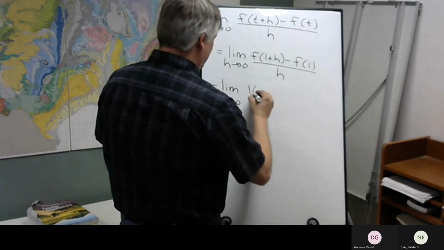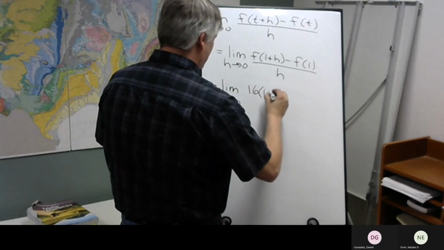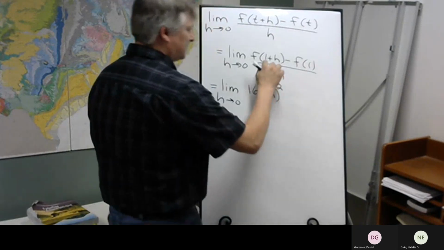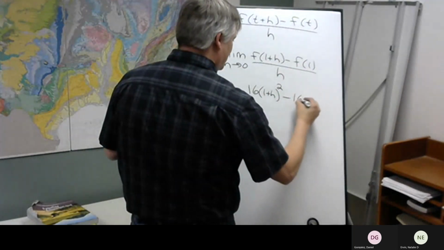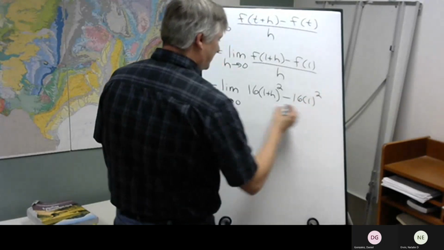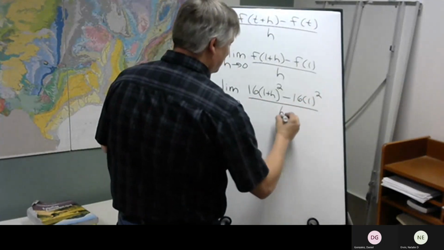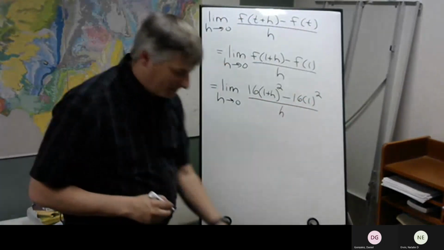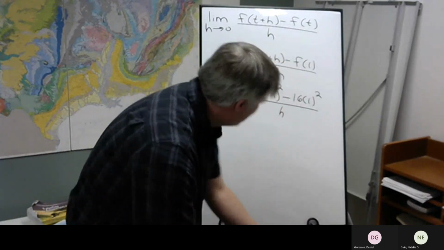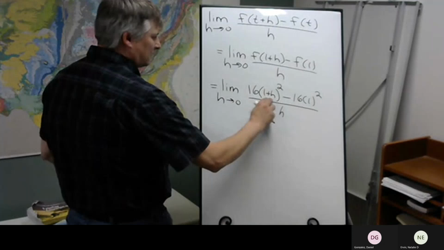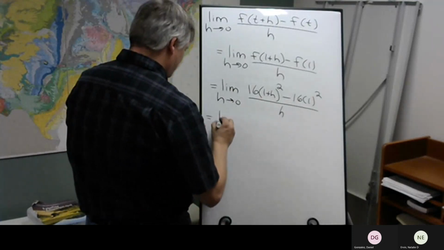So this is 16 times 1 plus h squared. This is time, and that's time. Minus 16 times 1 squared, divided by h. So we'll FOIL that.